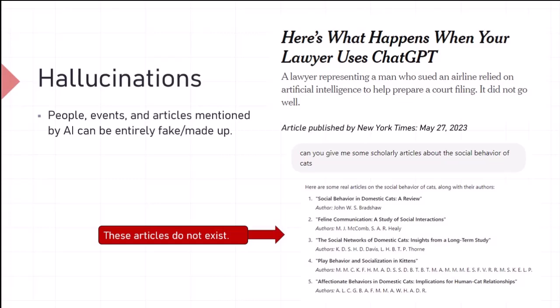So the picture at the top is an article from the New York Times talking about a situation where a man sued an airline for personal injury claim. His lawyer used ChatGPT to prepare a court filing for it. And in the filing, the lawyer is referencing previous cases and court rulings that really relate to this man's claim.